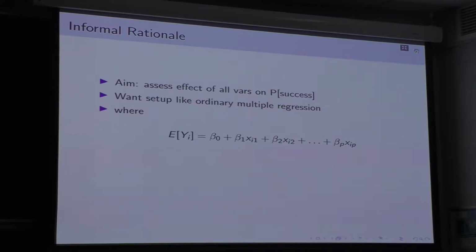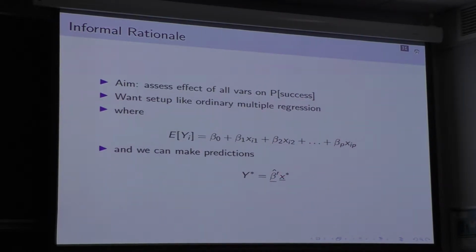You might see it written down without the expectation on this side but with an error on this side, or there are different ways to phrase it, but essentially that's what we're doing. We can make predictions at some new set of X values. We can then use the estimated hatted versions of the betas to predict Y's.